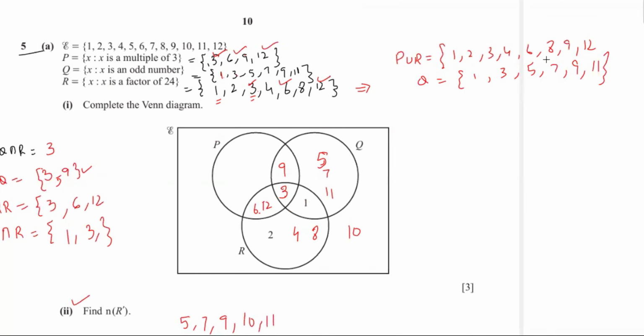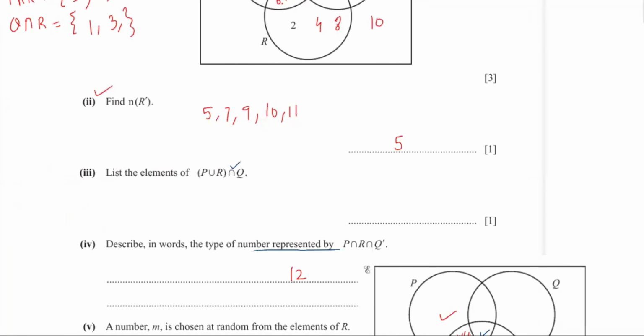And the intersection will be, you see here, 3 is common, 1 is common, and 9 is common. Therefore, the answer is 1, 3, 9. These are the elements of P union R intersection Q.